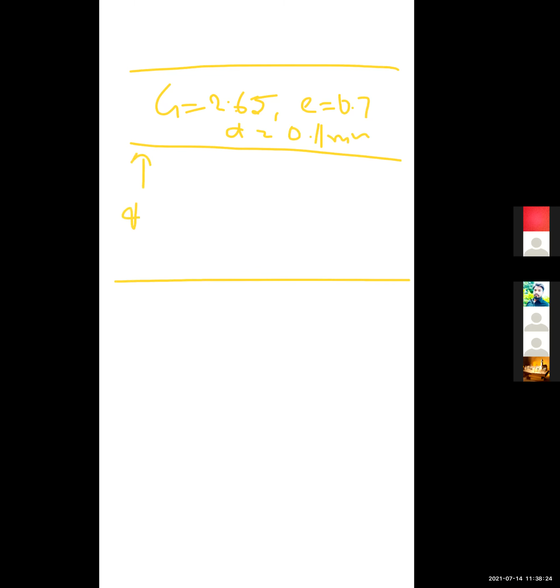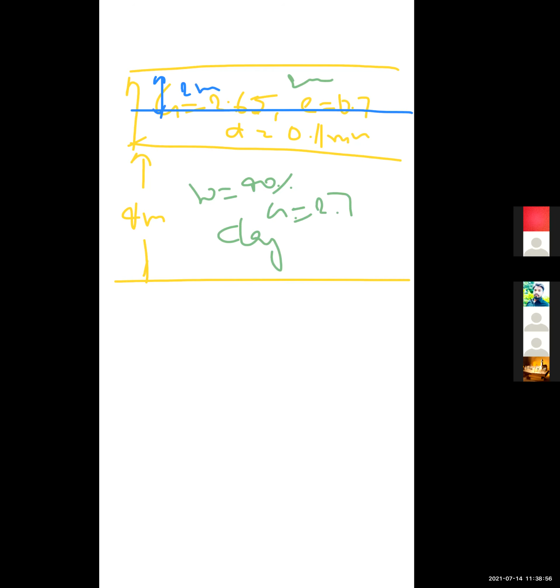This is the 4-meter clay layer, this is the sand layer. The clay layer has water content 40%, G 2.7. The groundwater table is located at a depth of 2 meters from the ground level. So here, at 2 meter depth, the groundwater table is present.